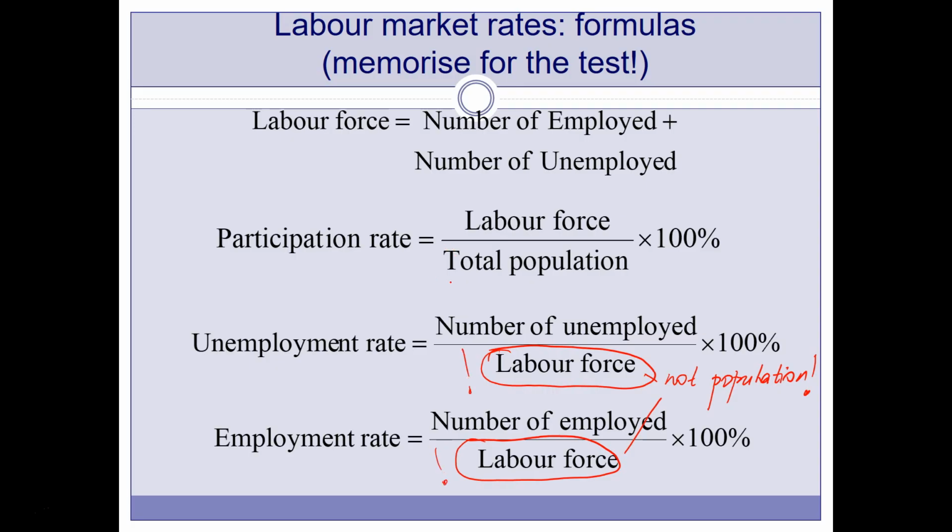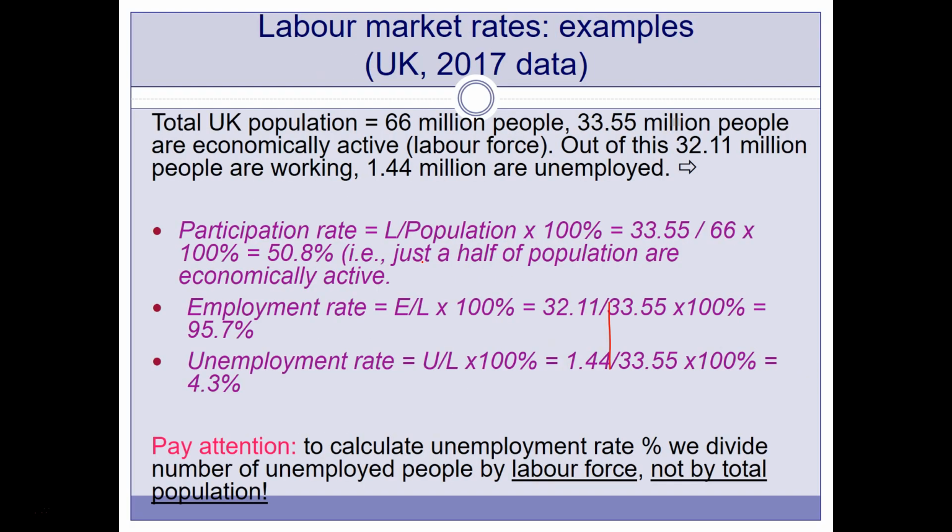The only time when you divide by total population is when you are trying to calculate the participation rate, which is simply a percentage of economically active population in total population. Okay, and let's have a look at this example based on labor market statistics for the UK, for our country.